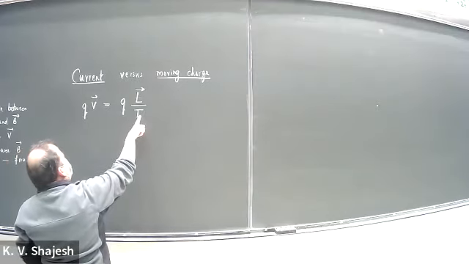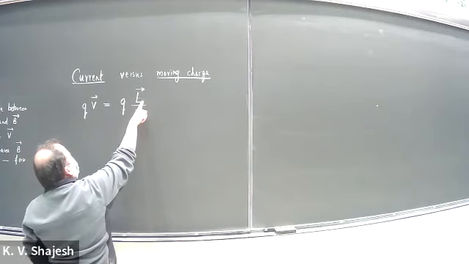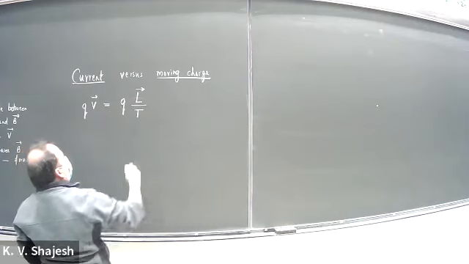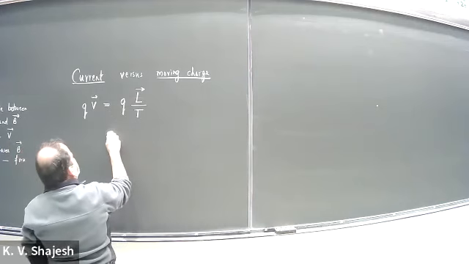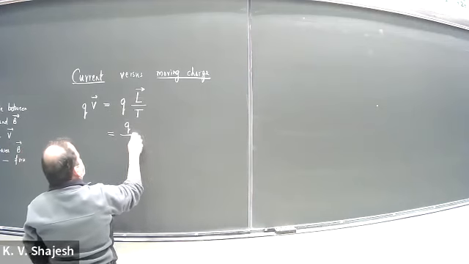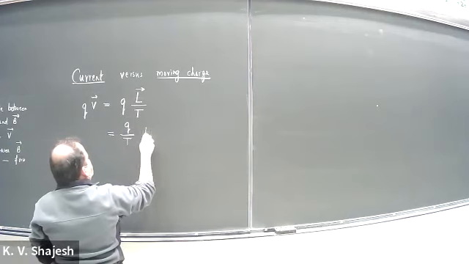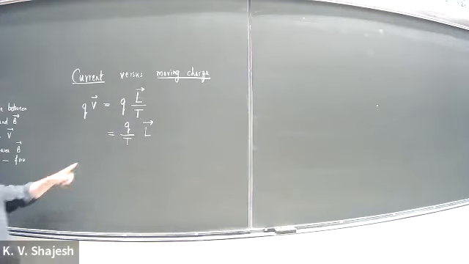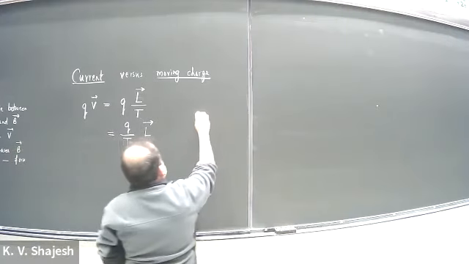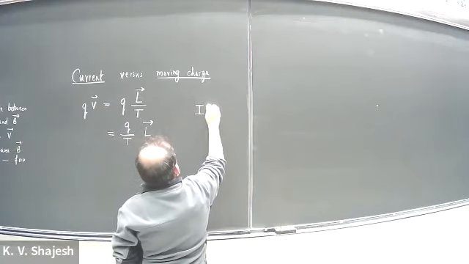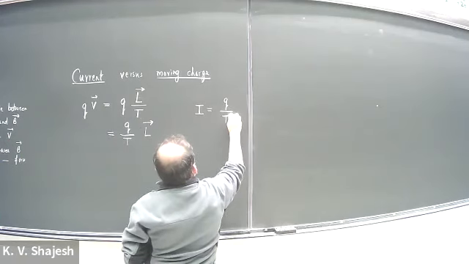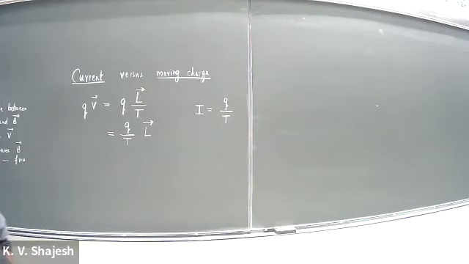Now earlier the time was with respect to the distance or the displacement. Let me move it with respect to Q, and you see that this is Q over T times L. Remember, your definition of current was how much charge goes through a certain point in a certain amount of time.